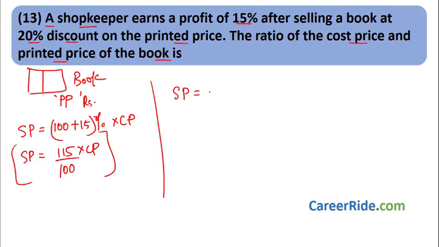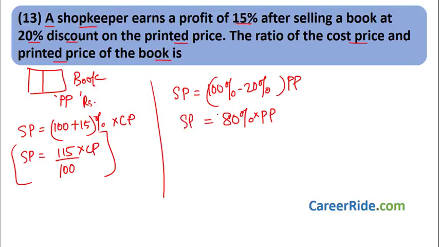So how much would be the selling price? It would be simply 100% minus the 20% discount on the printed price. That would be 80% of the printed price, right? Because 20% discount is there, so the customer has to pay only 80% of the printed price. This is also the selling price, that is nothing but 80 into PP divided by 100. Both these are selling prices, so they have to be equal.